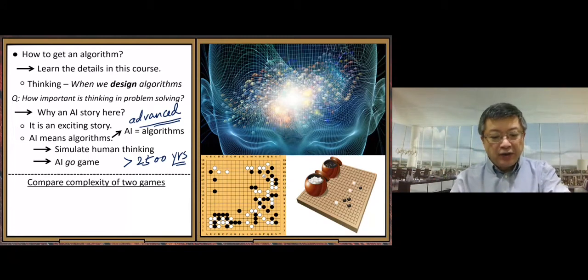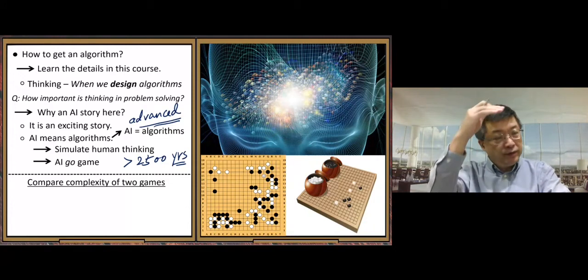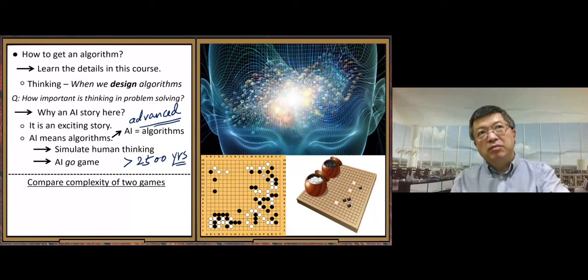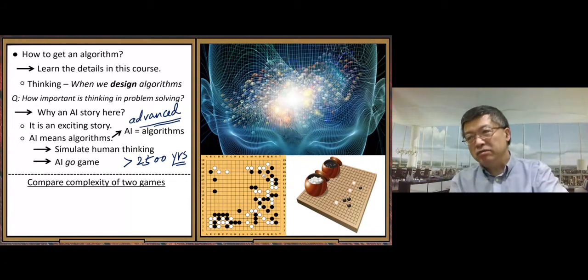How complicated? Let me describe the complexity, comparing the Go game with the chess game. We know the chess game is already very complicated, right? But if you compare it with the Go game, it is much, much more complicated than the chess game.